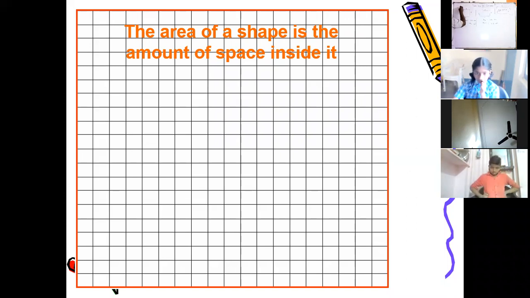Find perimeter and area. You can take this as the next question. Then we do the remaining. Sir, should we do this in the graph book?